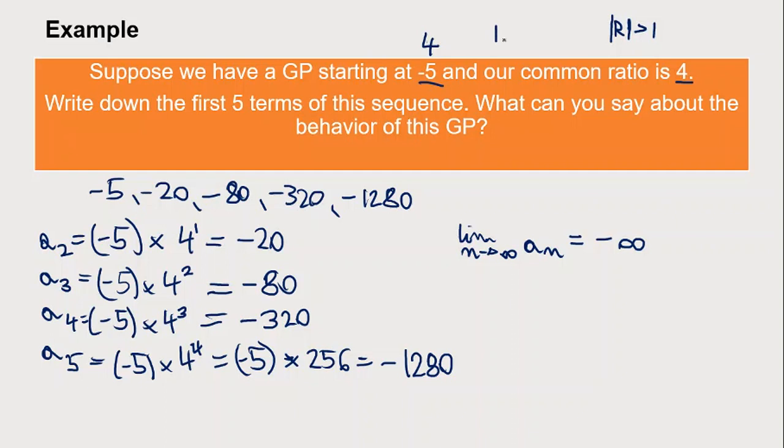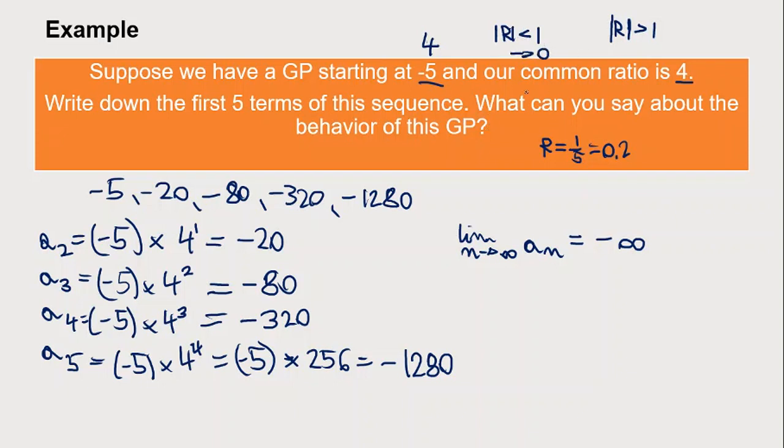If the modulo of the ratio is less than 1, then we have a limit of 0. That's why in the previous example, when the ratio was 1 over 5 and we changed it to 0.2, the modulo of that ratio was less than 1, therefore we had a convergent series, going to a limit of 0.